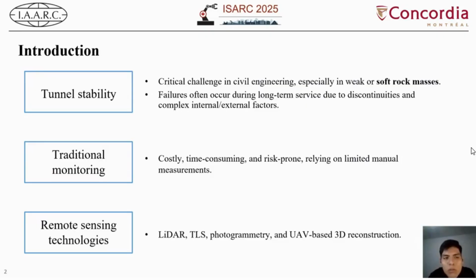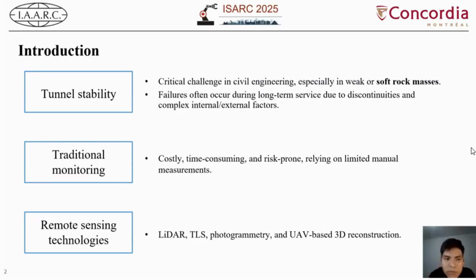Because when you try to get information of tunnels in the traditional way, you have to go along the length of the tunnel and try to get each meter, take photos, take videos, or take notes about the situation of that part of the tunnel. So that is costly, time consuming, and obviously risky.